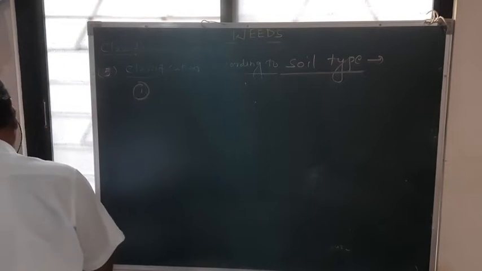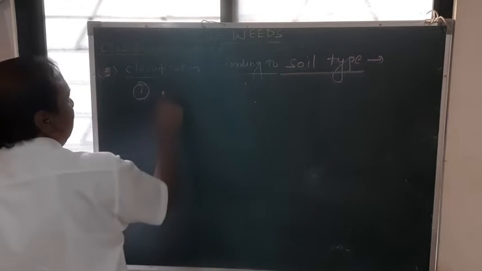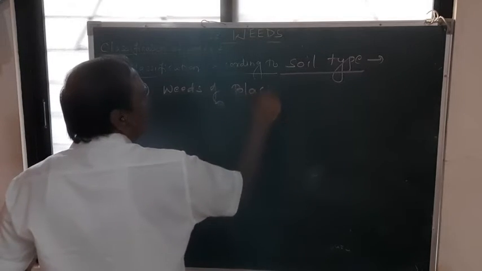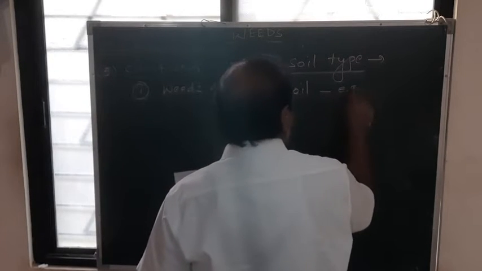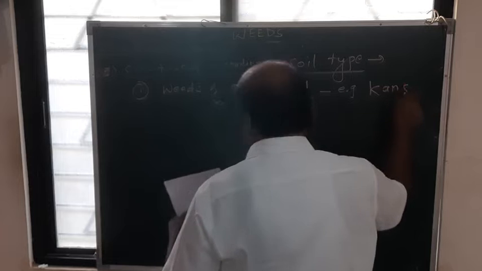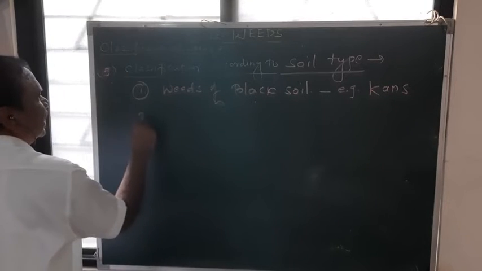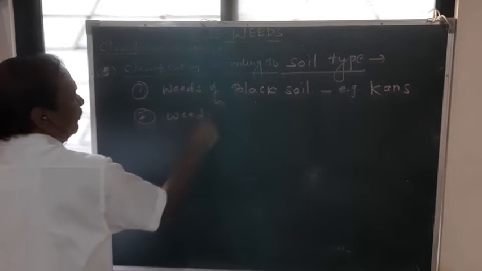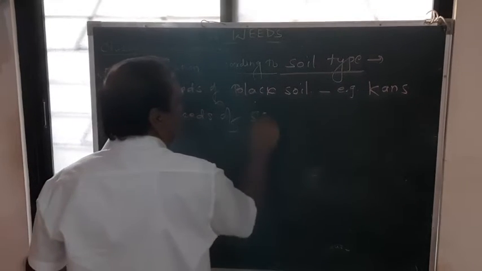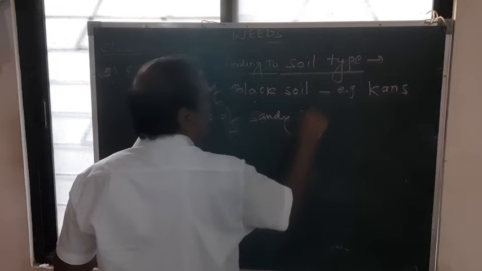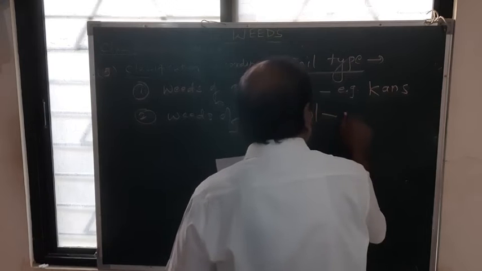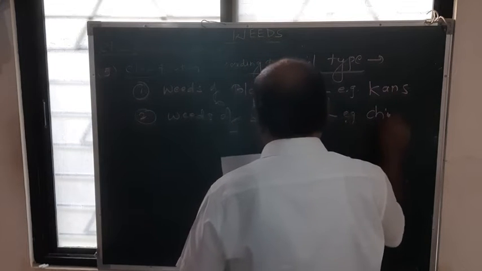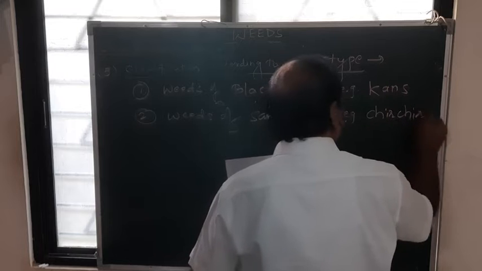Number one is the weeds of black soil. Example is cans. Then second is the weeds of sandy soil. Example is chirchiri.